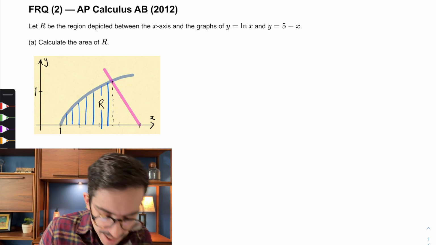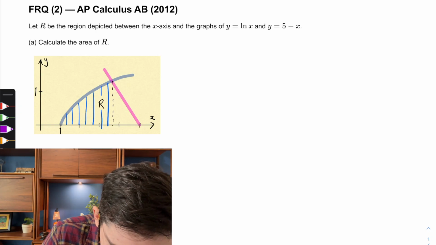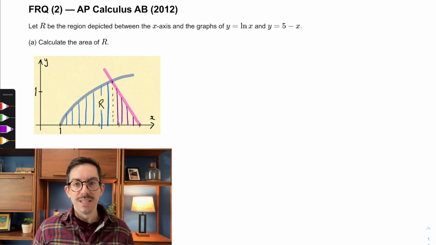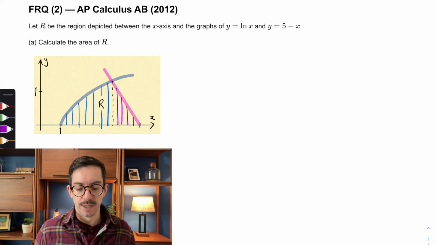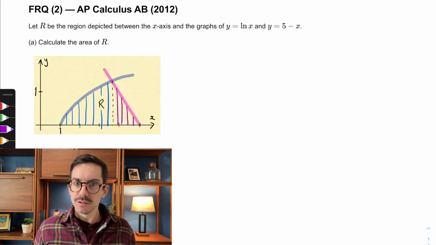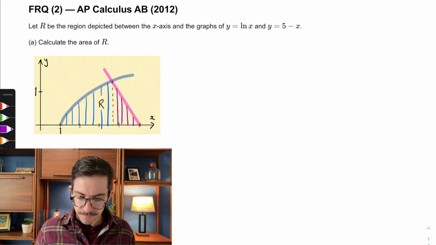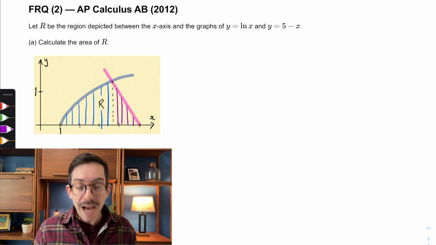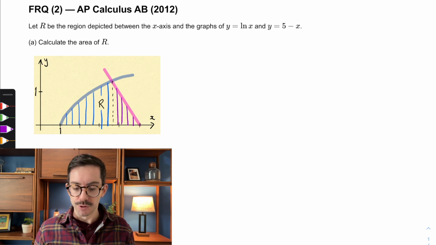And then all of a sudden I move over to the side and the area that I'm looking at is lying beneath my linear graph, okay? So if I want to do a dx integral to calculate this area, using these vertical rectangles, I'm going to have to use two different rules, okay?